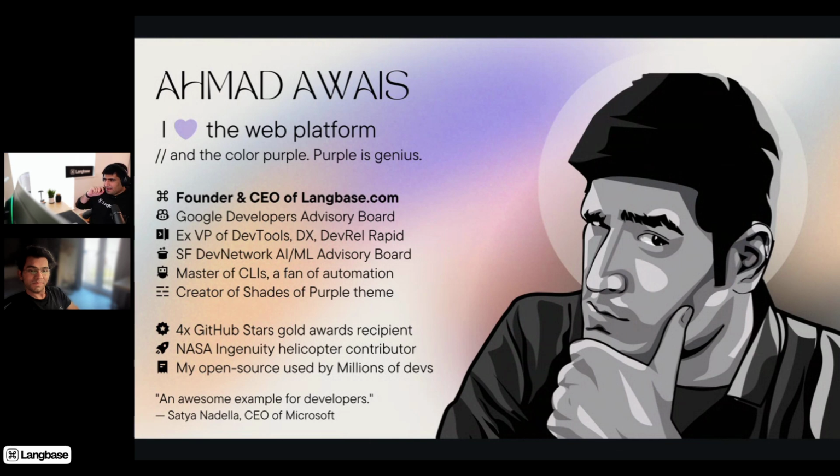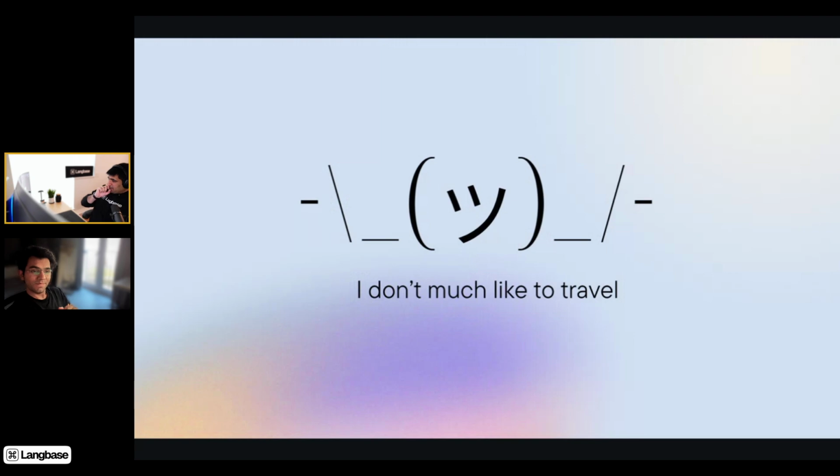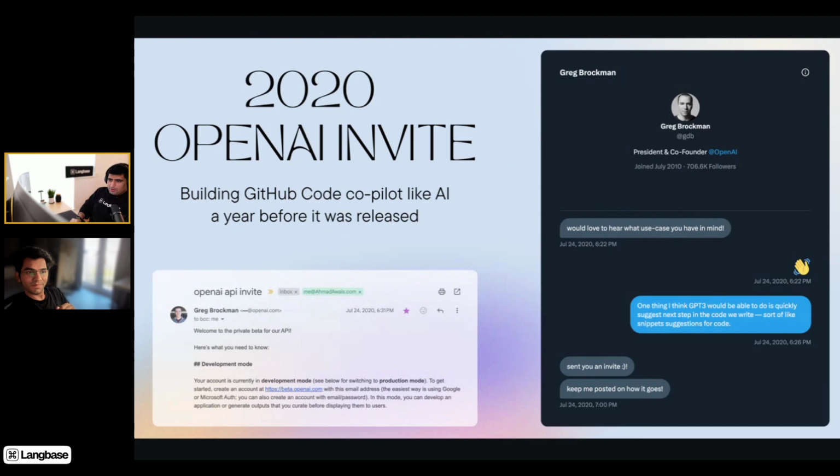It went absolutely viral, and I ended up getting an invite to OpenAI GPT-3 through Sam Altman and Greg Brockman in 2020. GPT-3 was about a month old, and I sent my first request, and the rest is history. Since then, I've been completely obsessed with building agents. I ended up doing so much on the side that it became Langbase, and I'm excited to show you what it looks like. Okay, I probably went over all of these slides. I was traveling a lot, and then COVID happened. Greg gave me the key, and I started building.